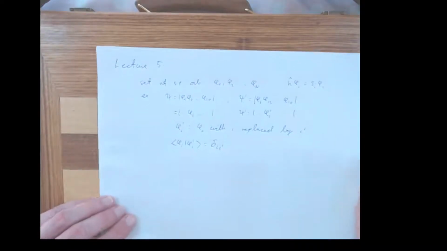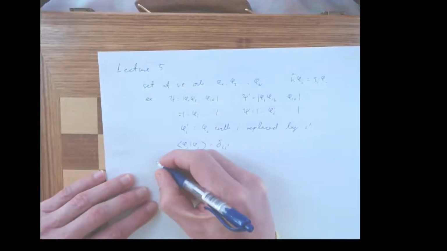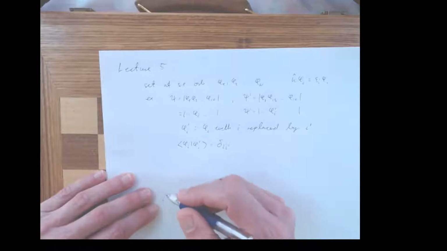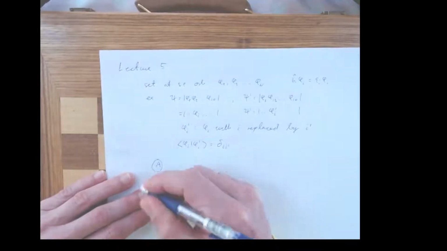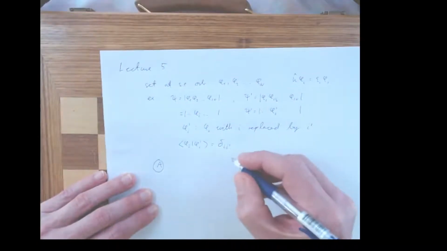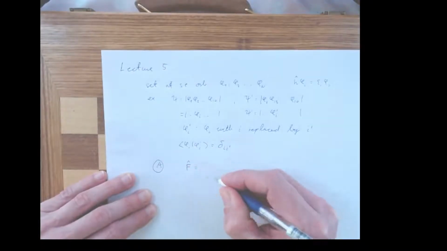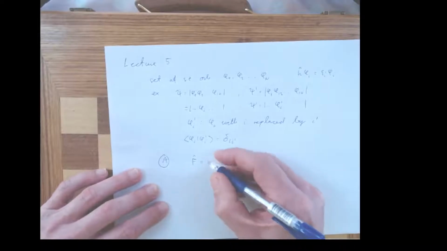And we will consider two different types of operators when we're going to calculate these matrix elements. The first case, A, will be an operator F which is a symmetric sum of single body terms.